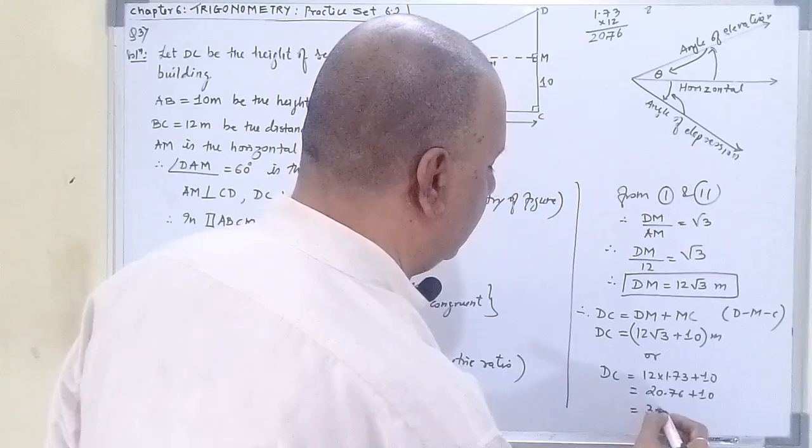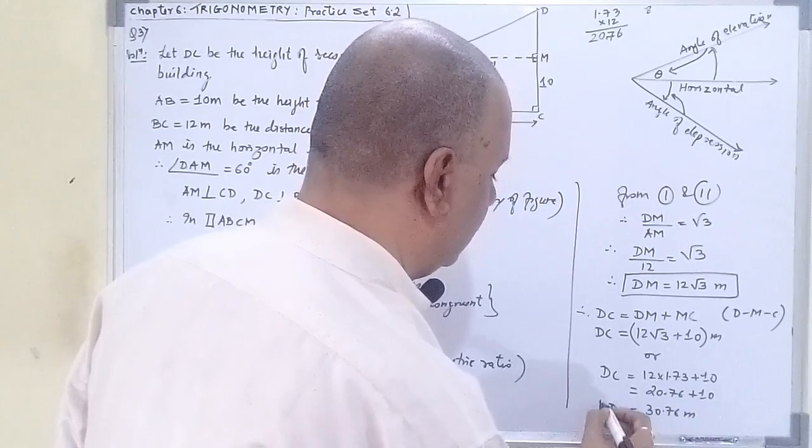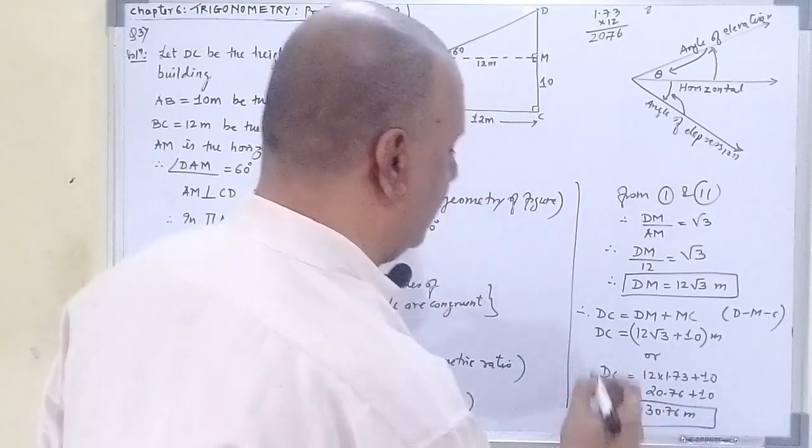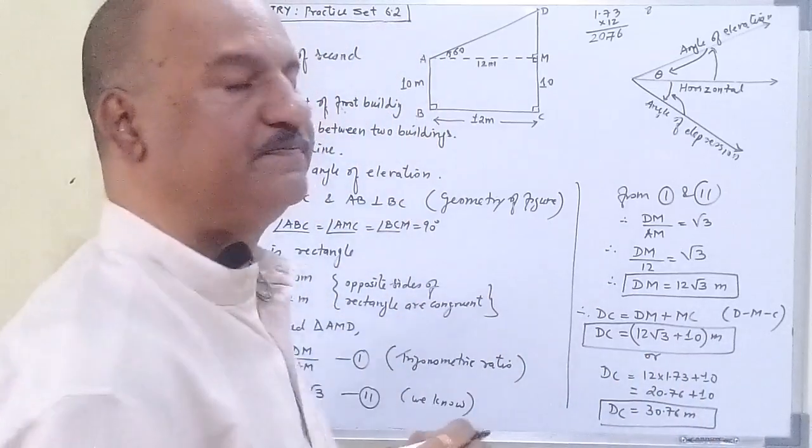This is 30.76 meters. So either this or this. You write both the answer.